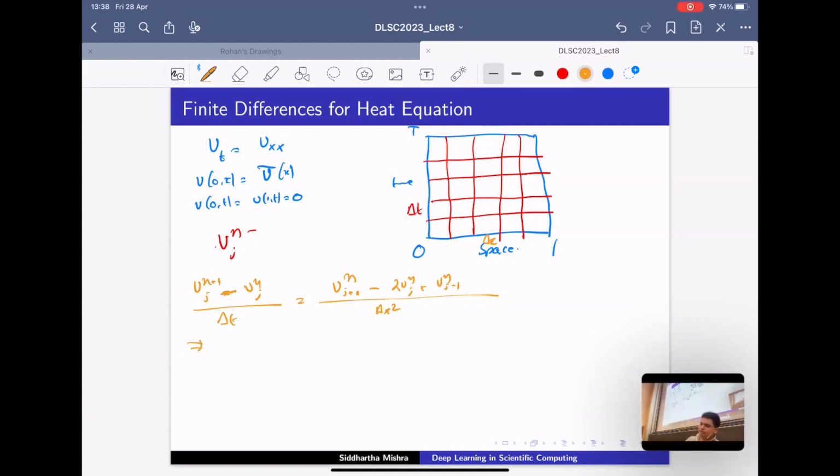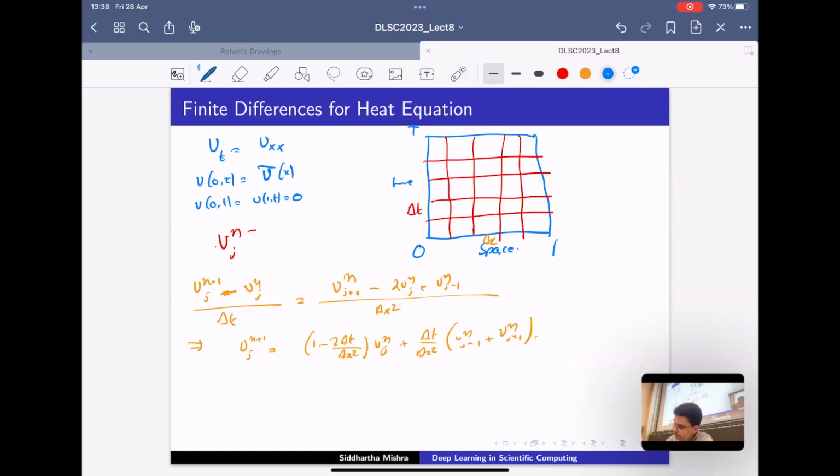Which implies this finite difference method: v_j^(n+1) is equal to (1 minus 2 delta t by delta x squared) v_j^n plus delta t by delta x squared (v_(j-1)^n plus v_(j+1)^n), something like this. In other words, what does the numerical method do? It takes values. So what is my operator?